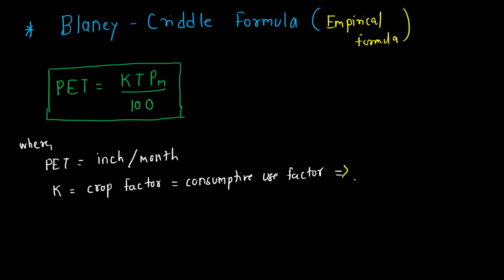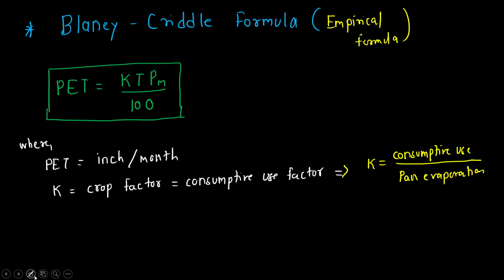So just write down this formula here. K is equal to consumptive use divided by pan evaporation. Okay, then next after K is T. What is T here? T is temperature in Fahrenheit.